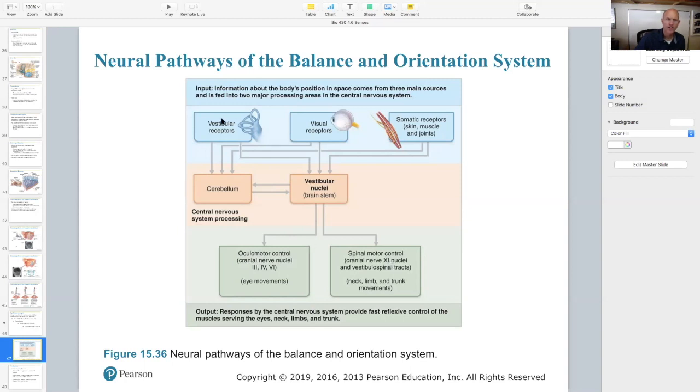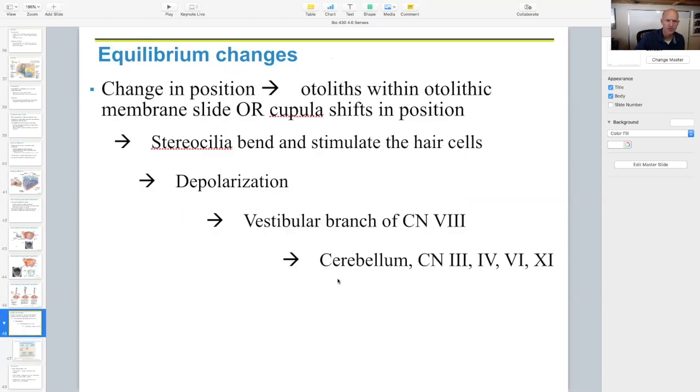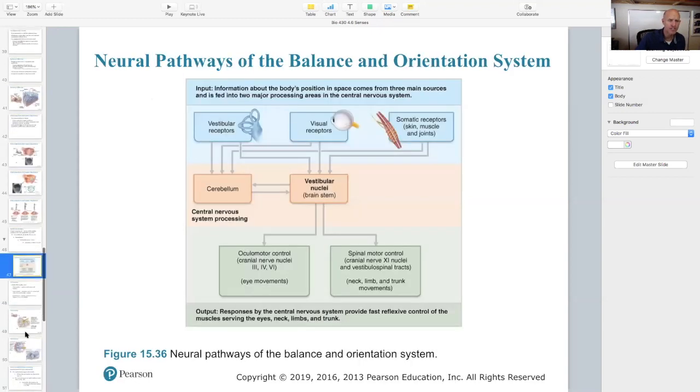Now, we can also see it goes in and goes directly to the brainstem. So some information goes to the cerebellum, some goes to the vestibular portion of the brainstem. That's where we're seeing vestibular branch and cerebellum. And that's our equilibrium shifts and change.